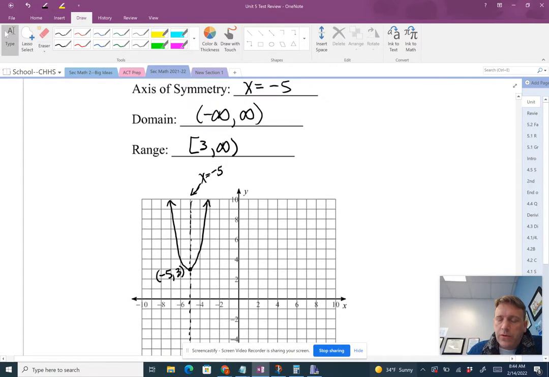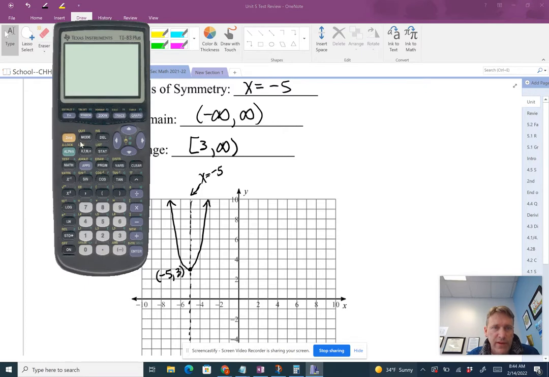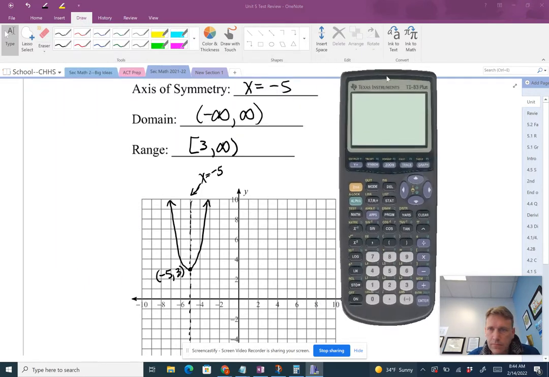If we wanted to get some sort of assurance that I graphed this correctly, we have graphing calculators. Let's pull out the graphing calculator. Turn it on.